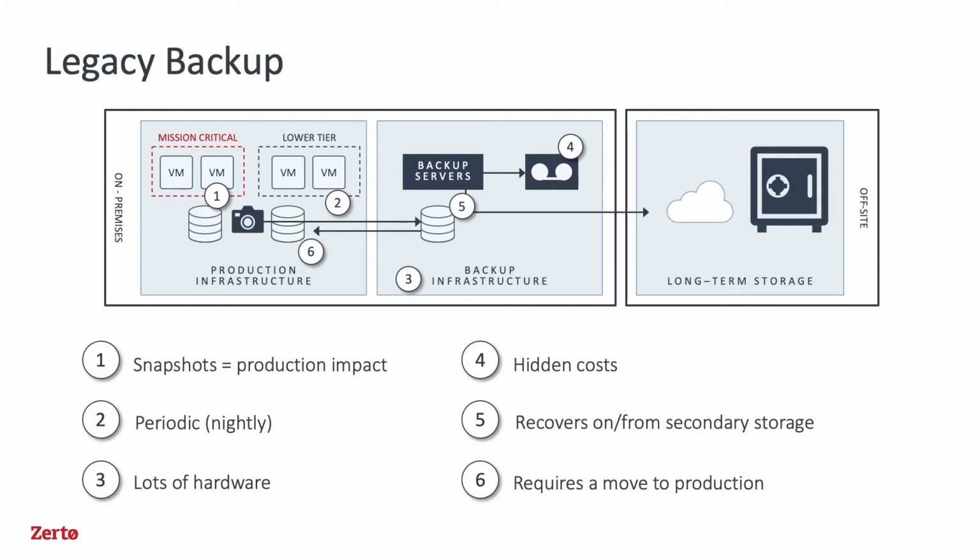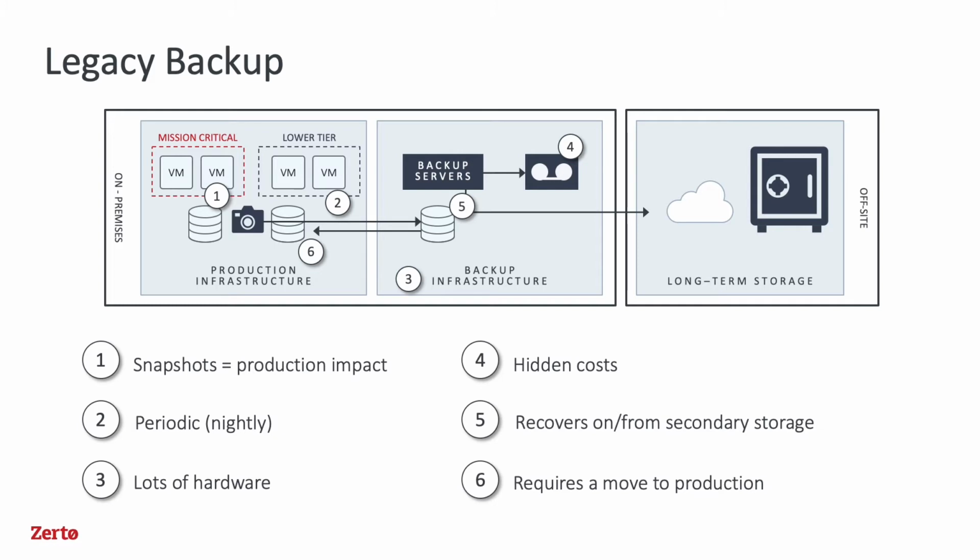And this requires, as we've talked about already, a lot of hardware that has hidden costs, maintenance, and very complex licensing methodologies. This also requires you to move to production and recover from secondary storage as well. So you're not really getting the RPOs and the RTOs that you would get from using a DR solution that utilizes replication.